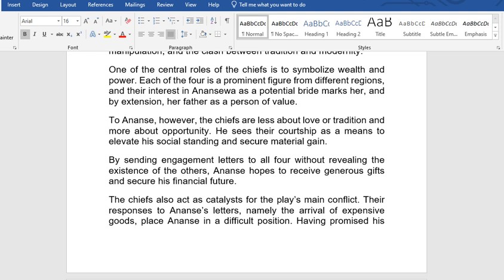By sending engagement letters to all 4 without revealing the existence of the others, Ananse hopes to receive generous gifts and secure his financial future. He sent an engagement letter to the 4 of them without any one of them knowing one another.